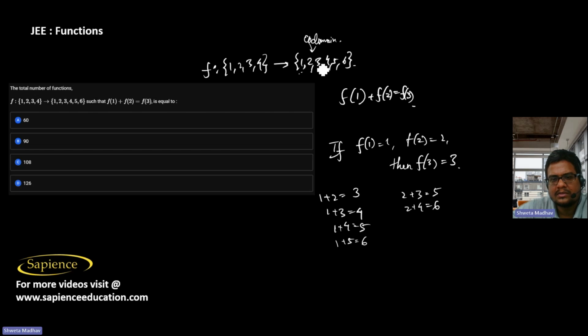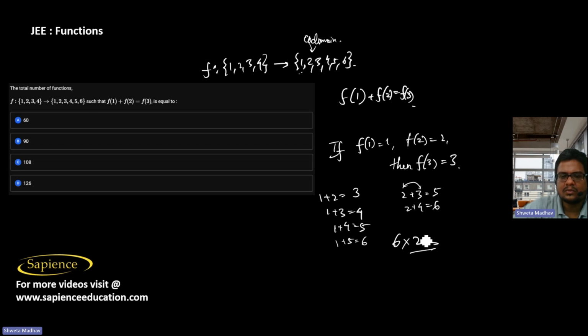Then 3 plus 2 also we can do, and 3 plus 1 also we can do. 3 plus 4 we cannot do. So it means here we can have 4 plus 2, that is 6, so 6 into 2.